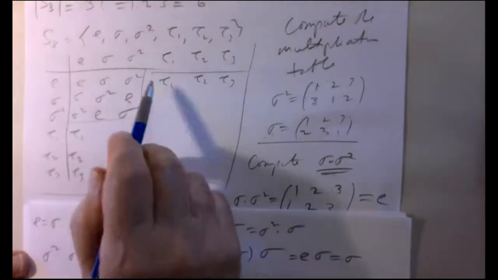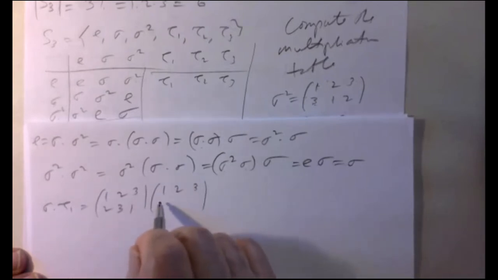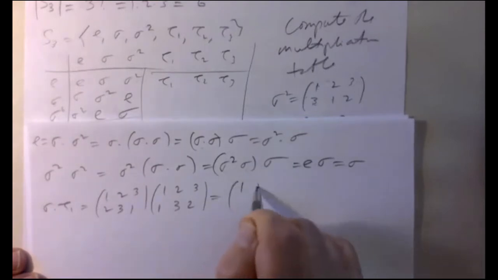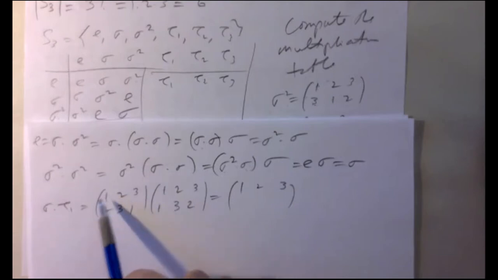What's sigma times tau 1? So remember, sigma is this permutation. Tau 1 fixes 1 and interchanges 2 and 3. So what is this composite function? 1 goes to 1, and 1 goes to 2.